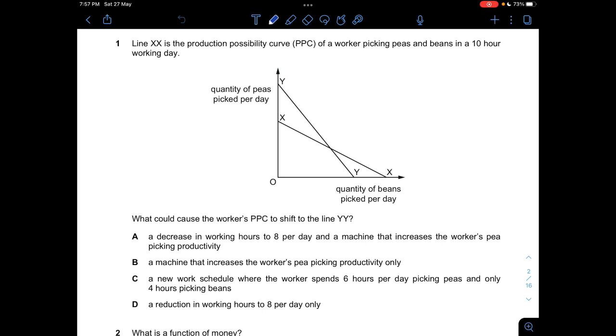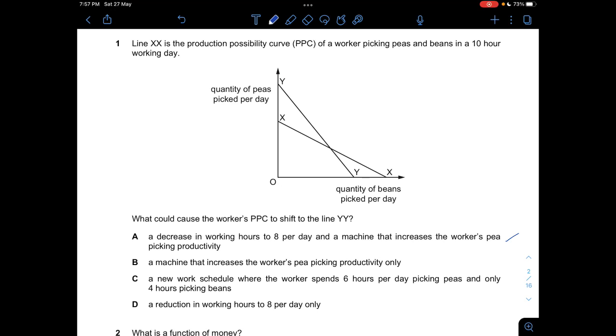A, it says a decrease in working hours to 8 per day and a machine that increases the workers' pea picking productivity. This may be a possible answer, so I'm just going to take it first, but let's look at the few other options. B, it says a machine that increases the workers' pea picking productivity only.